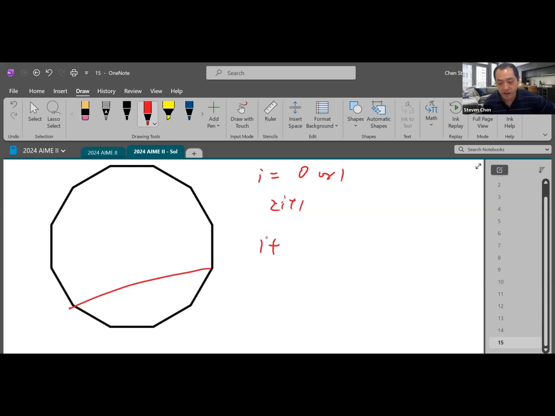And next, we consider a scenario where two parallel lines have distinct length. So we need to decide where the shorter one is. Either it is below the longer one or it's above it. So there are two possible choices. And for each possible choice, like what you see here in this illustration, the shorter one is below the longer one. Okay, so then let's count the number of longer ones.